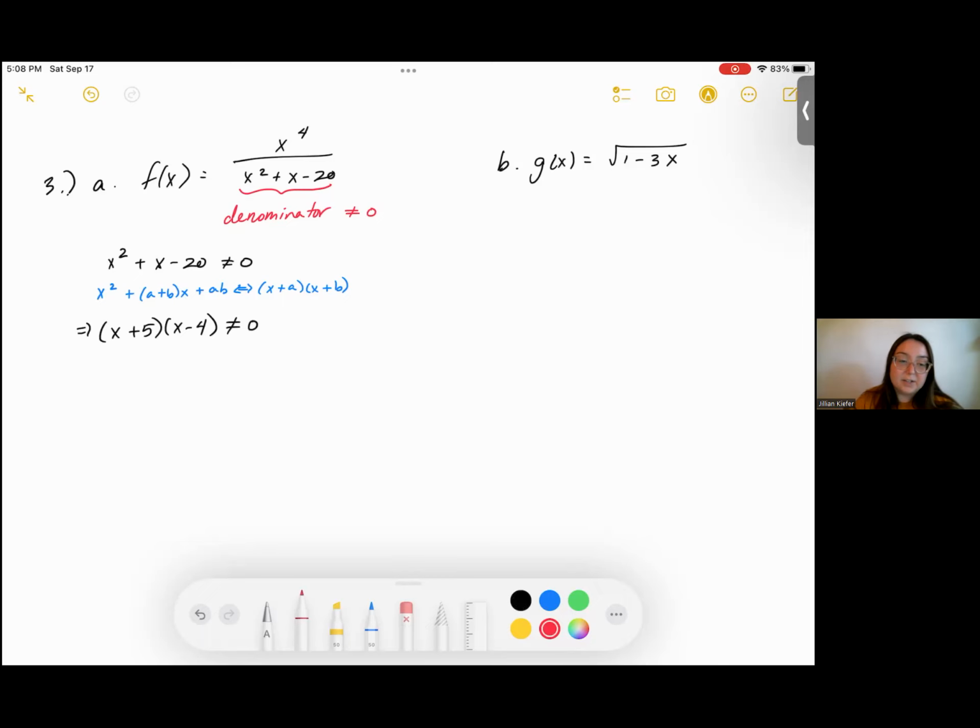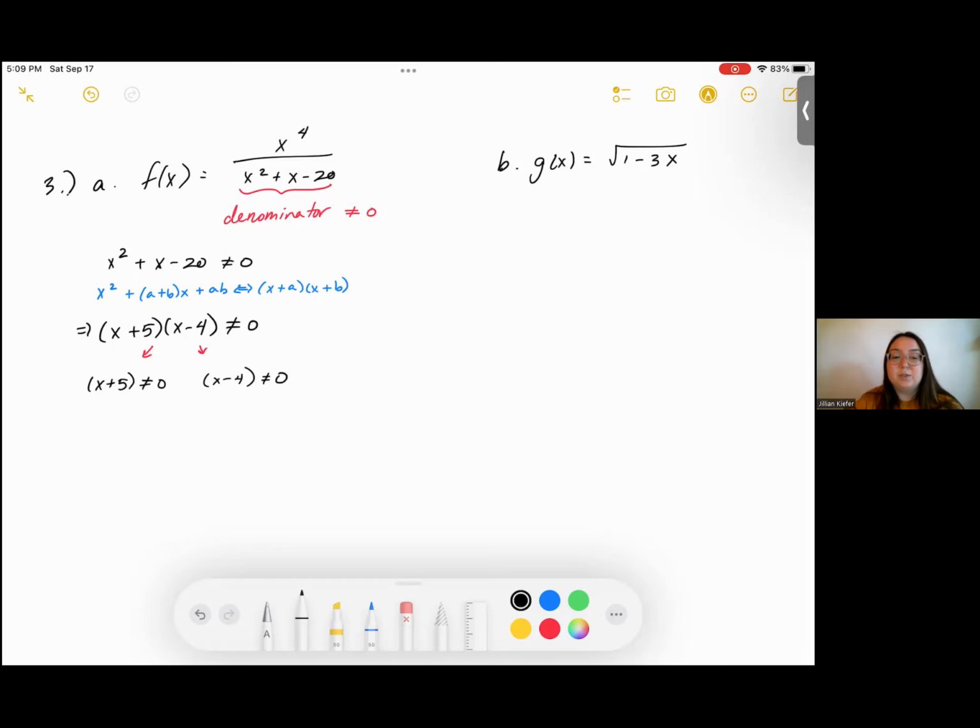Once we've factored, we can go ahead and separate these out, because if either one of these terms were equal to 0, the whole thing would equal 0. So we're going to separate them by factor: x plus 5 does not equal 0, and x minus 4 does not equal 0.